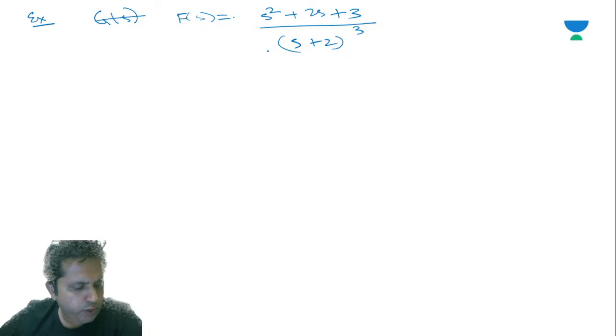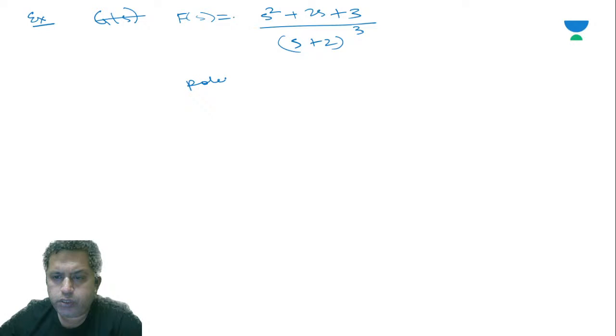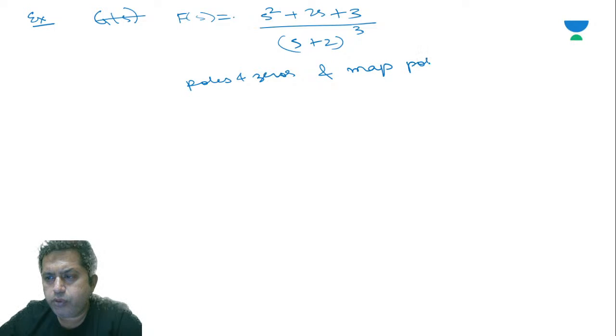Here we have to evaluate poles and zeros and map the pole zero plot.